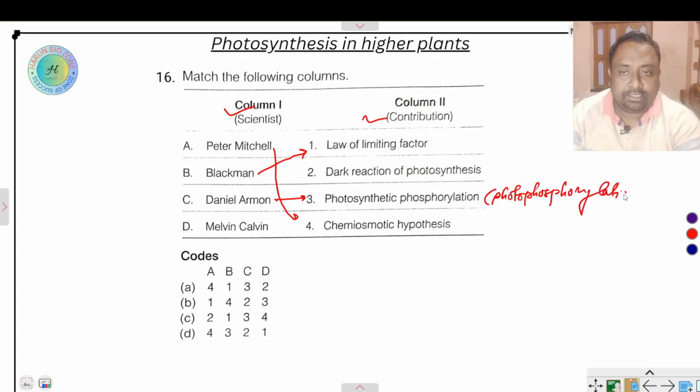Melvin Calvin discovered the dark reaction of photosynthesis. So the correct option is A4, B1, C3 and D2. This is the correct option.